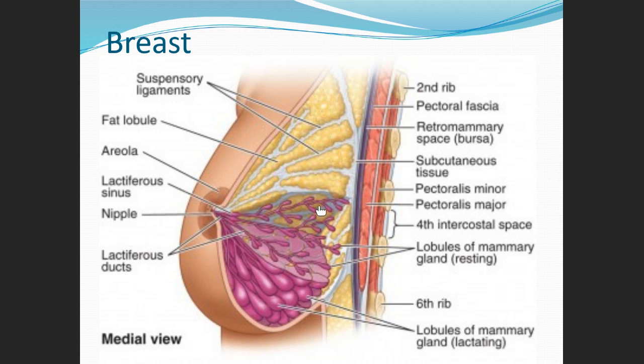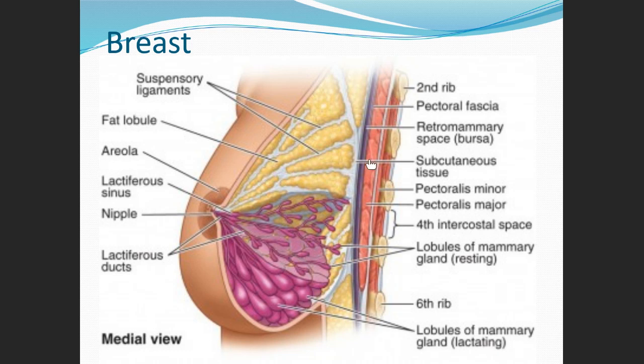A couple of things to keep in mind clinically: if somebody has a breast mass and the breast mass is freely mobile, meaning that it is not attached to the pectoralis muscle, that is a good sign in a couple of ways. Either it's benign, or even if it is malignant tissue, it did not invade the deeper tissue.